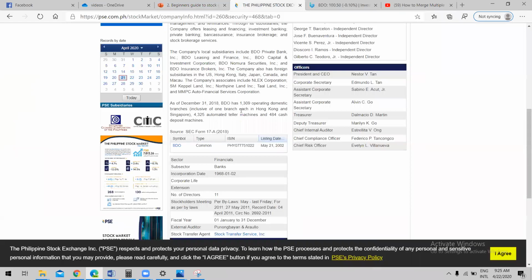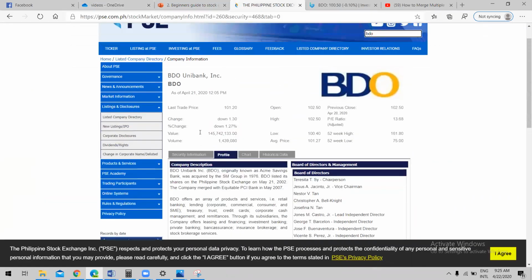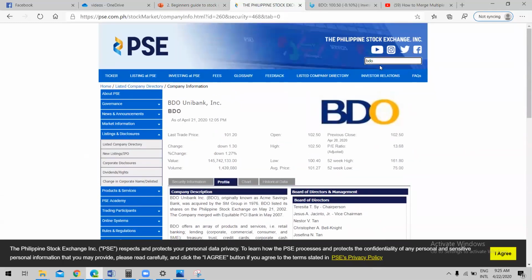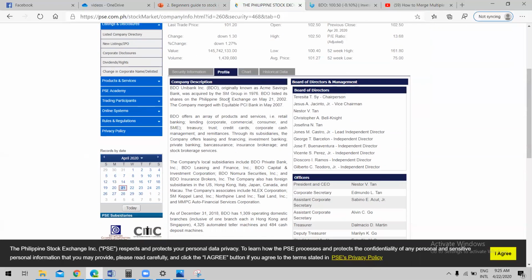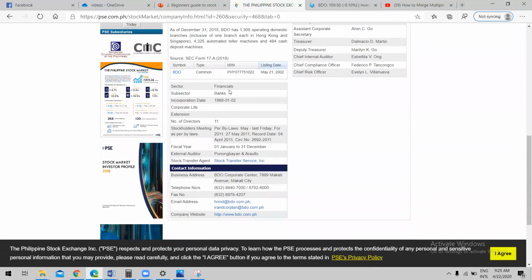So, just type pse.com.ph. In their website, you just type any company you would like to know, like BDO, which is already here, and check their profile. And you will see here, sector, it belongs to the financial sector.